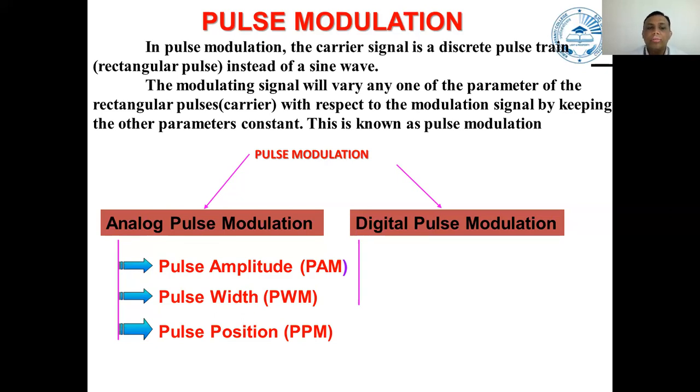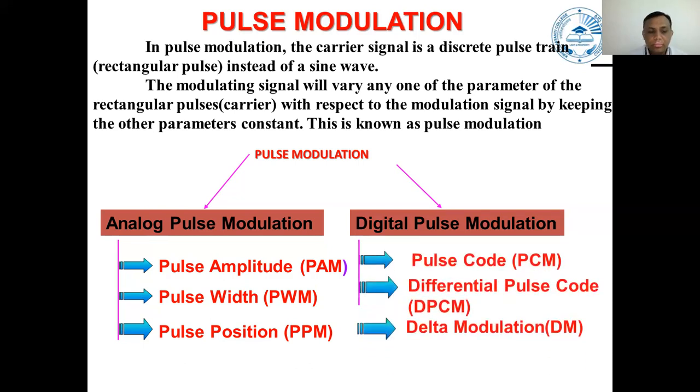Today we are going to speak about analog pulse modulation. In analog pulse modulation, the input modulating signal is analog in nature, whereas in digital pulse modulation the modulating signal is analog in nature, but the output will be in digital format.